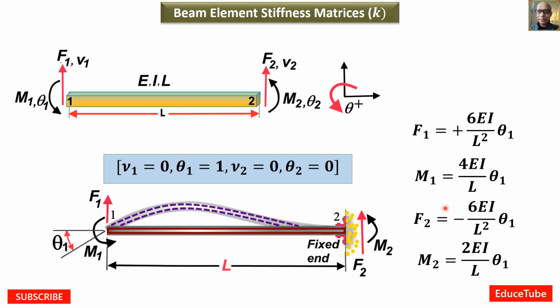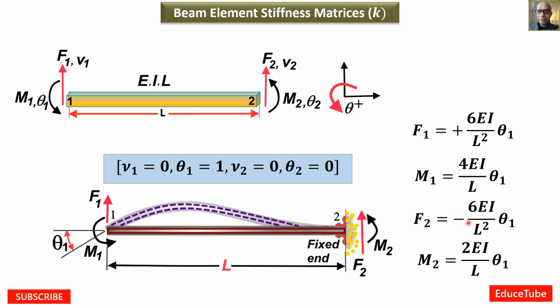Now here we got the second column of stiffness matrix K. This one is K12. This one K22. This one K32.